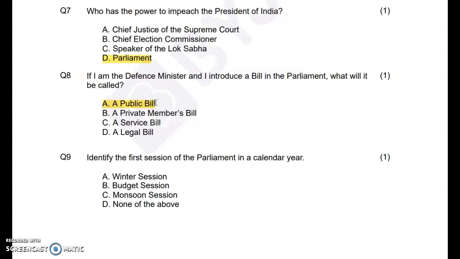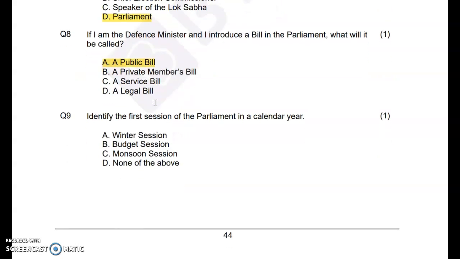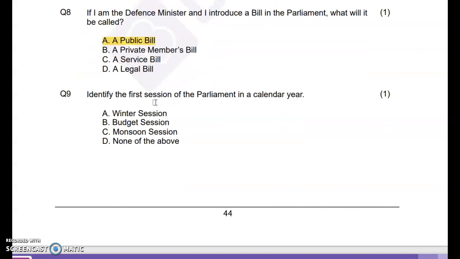See, based on the parliamentarian who introduces the bill to the House, a bill may be broadly classified as a government or public bill and a private members bill. If you introduce a bill in the House and are also a part of the political executive, the bill will be called a government or a public bill. Now identify the first session of the Parliament in a calendar year.